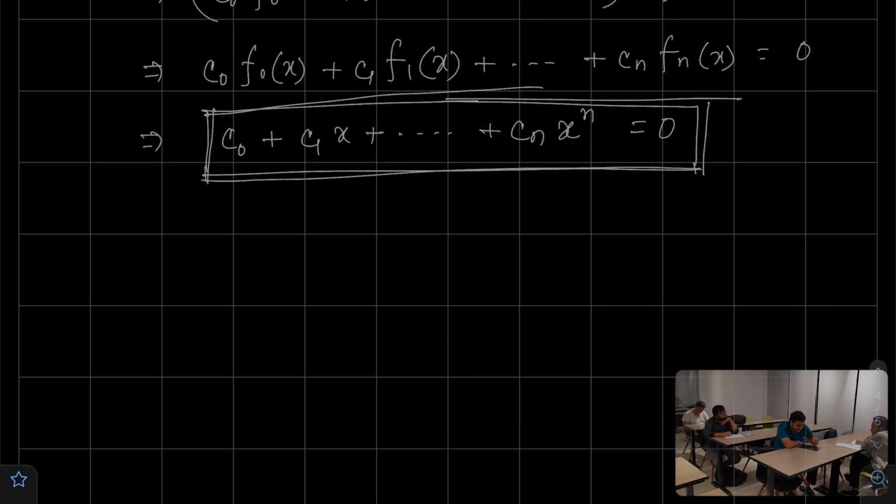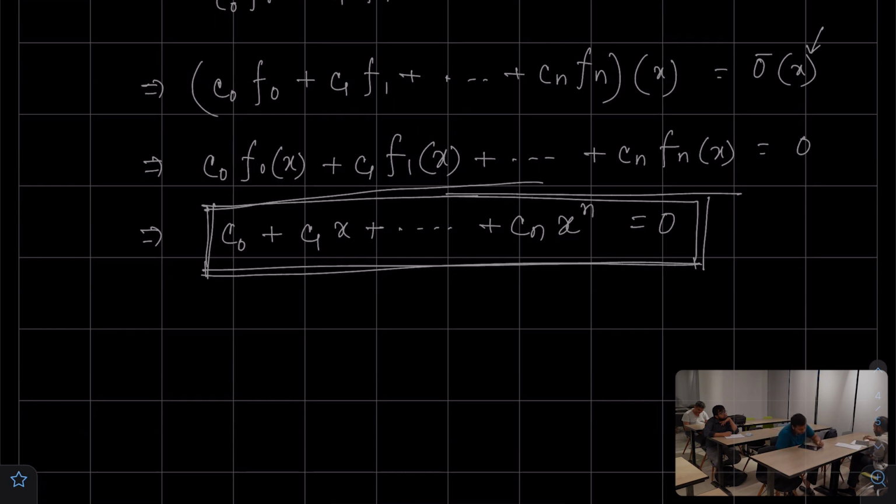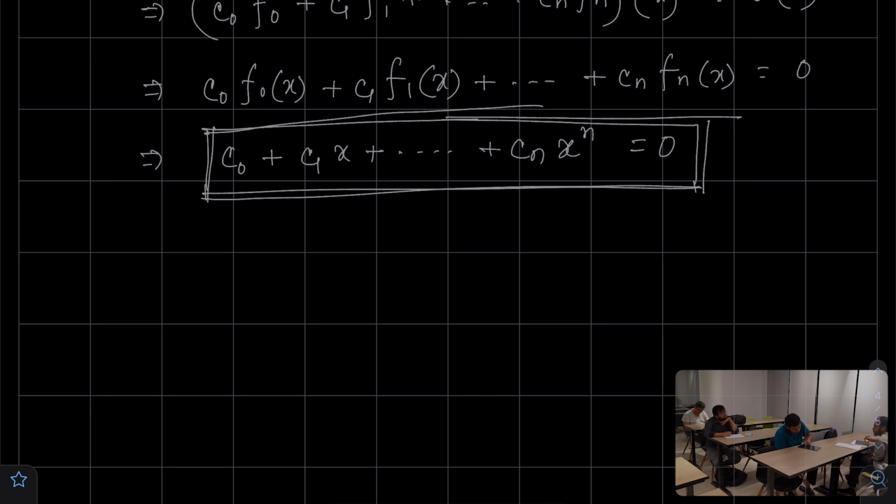There are n solutions for these polynomials, but from the construction of the proof, we can see that this is actually possible for every x.